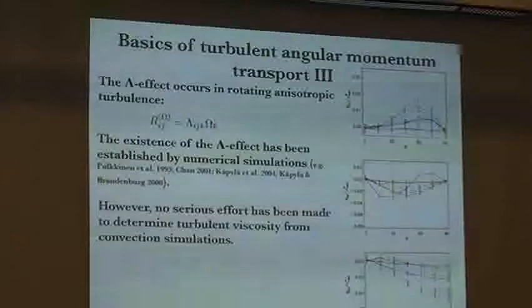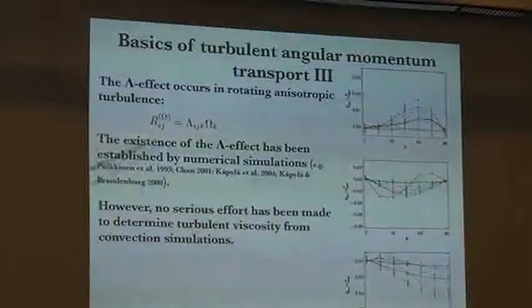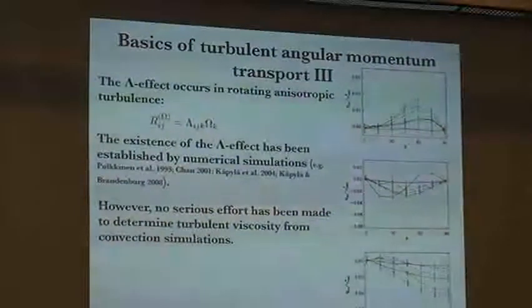So the lambda effect, I have put here to distinguish that this is the Reynolds stress due to the rotation. So we have another tensor, which is proportional to the rotation rate of our system. And this lambda effect occurs in anisotropic rotating turbulence.